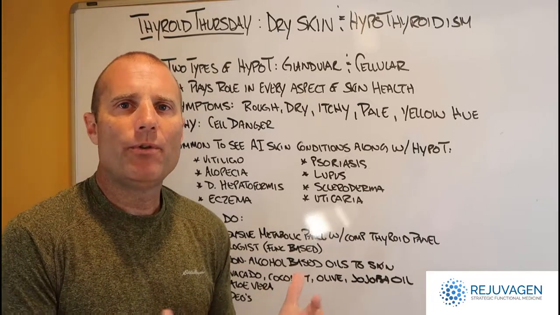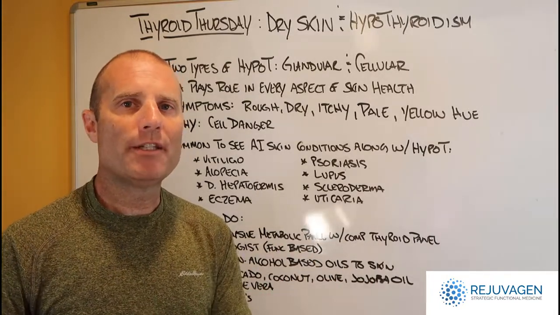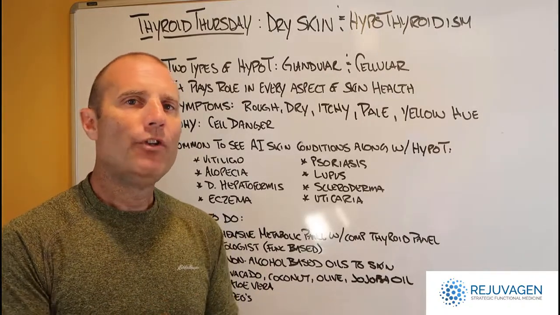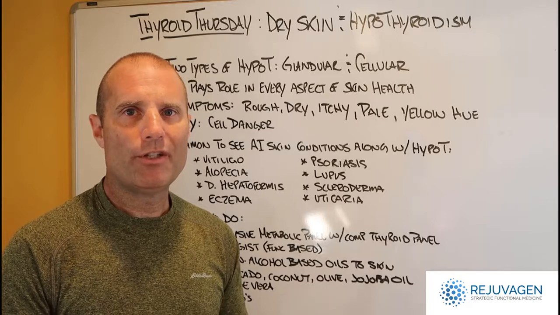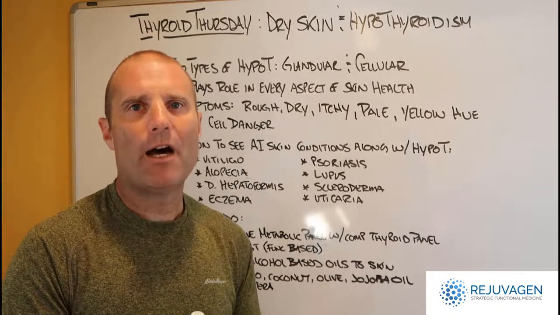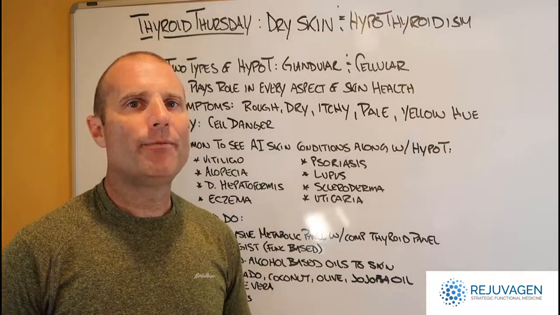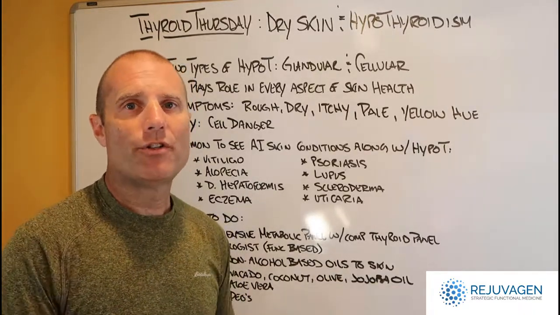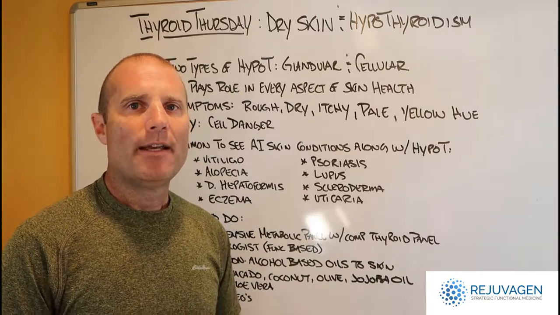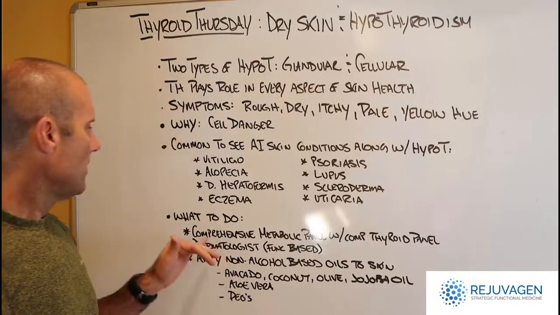Why would somebody who has Hashimoto's develop these other autoimmune skin conditions? Well, remember, if you don't get to the root cause of your first autoimmune condition, you could develop other autoimmune conditions. And the skin is a big organ. We typically see people who have, especially gutty issues, start to develop skin issues, either autoimmune or non-autoimmune types of skin conditions.